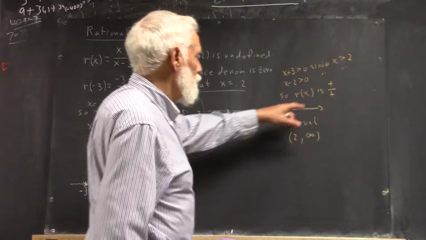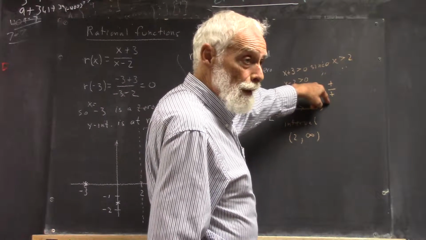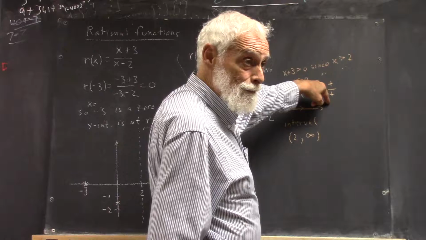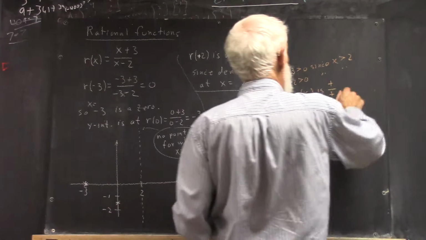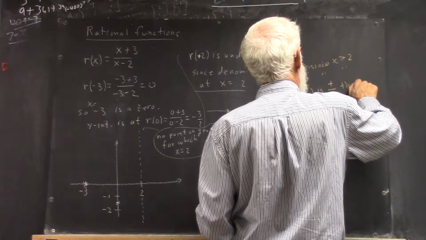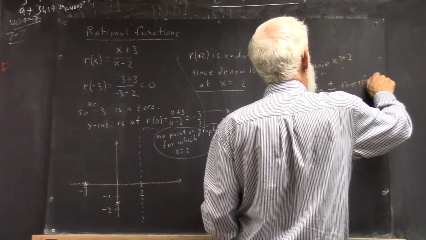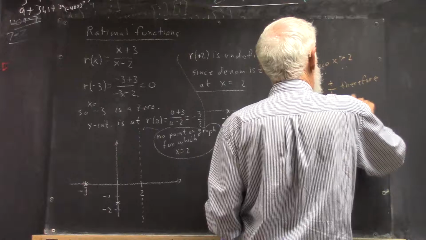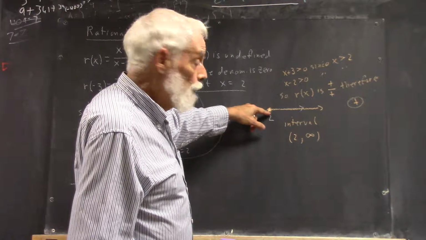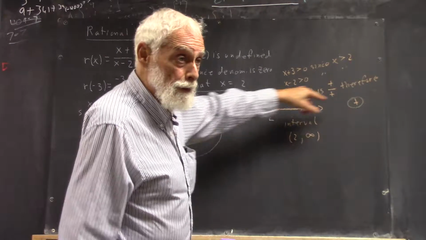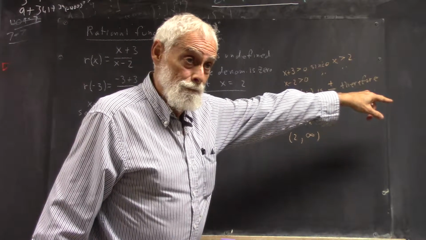So r of x is a positive number divided by a positive number, right? Therefore, it's positive. So we know that the graph has to be above the x-axis everywhere from here on. Okay?